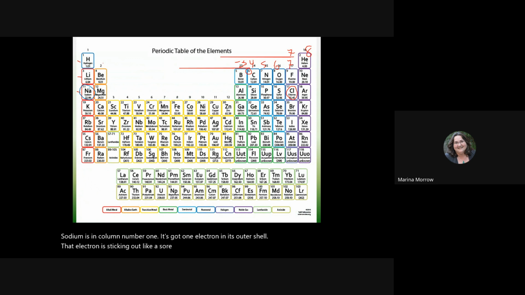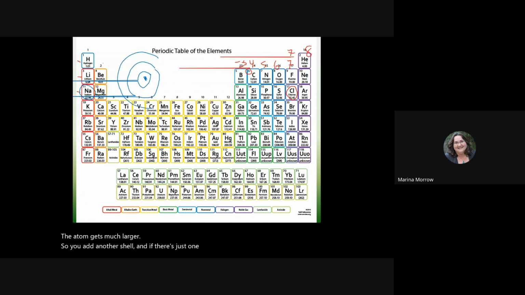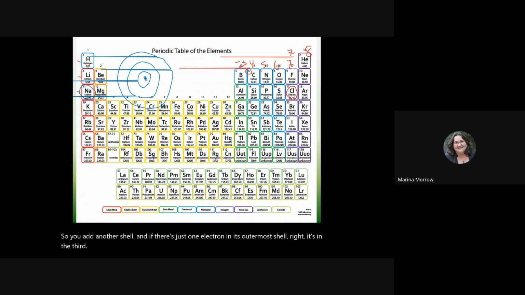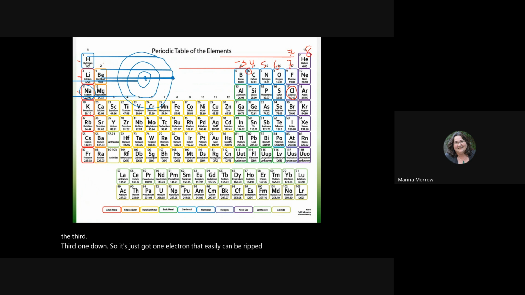It's easily ripped off because every time you add another shell, the atom gets much larger. So you add another shell. And if there's just 1 electron in its outermost shell, in the third one down, it's very vulnerable to having that electron ripped right off.